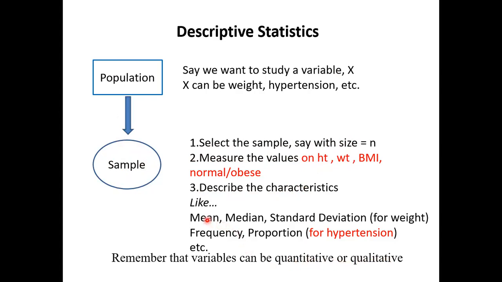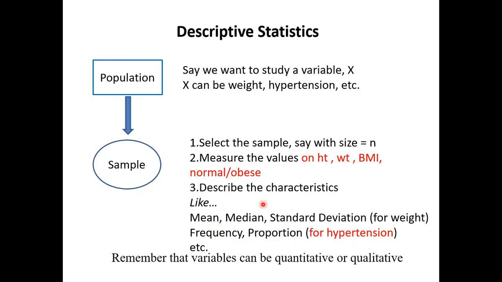Quantitative variables we describe in terms of mean, median, standard deviation, and other things, for example for weight. For qualitative variables, for example hypertension, yes or no, or pass or fail, they are qualitative data. So we do frequencies and proportions.